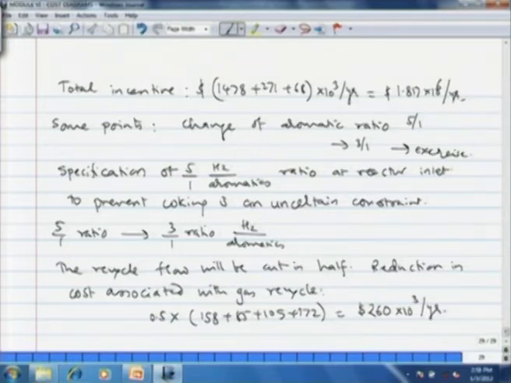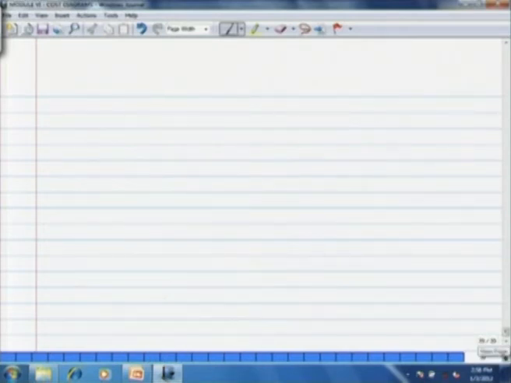Okay. If we bring down the H2 to aromatics ratio, but what is the other side of the coin? The major impact it will have is the decrease in the partial pressure of hydrogen in the reactor.